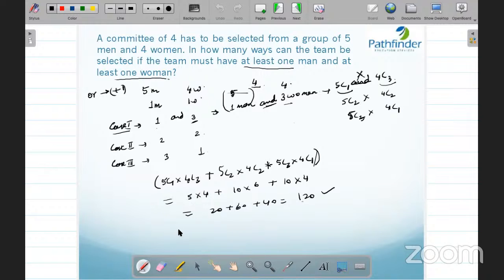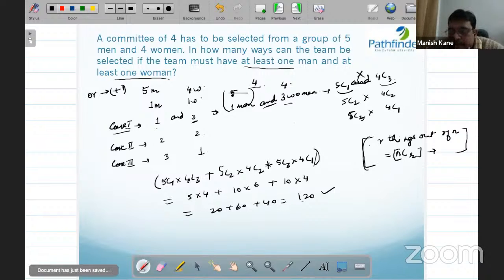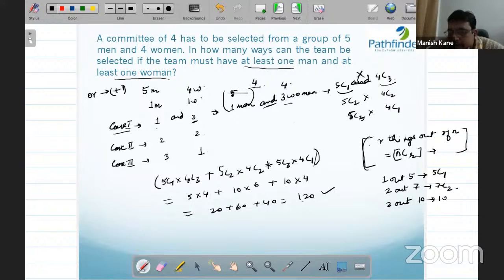Actually, I cannot understand. See, I told you in the beginning that the number of selections of R things out of N is given by NCR. This is something which you have to commit to memory. So if you have to select 1 out of 5, you will write this as 5C1. If you have to select 2 out of 7, you will write it as 7C2. If you have to select 3 out of 10, you will write it as 10C3.